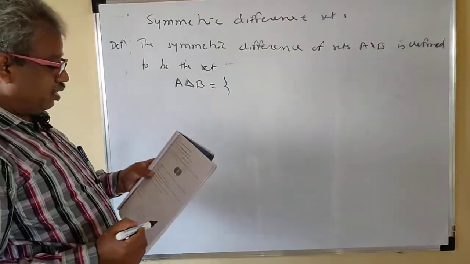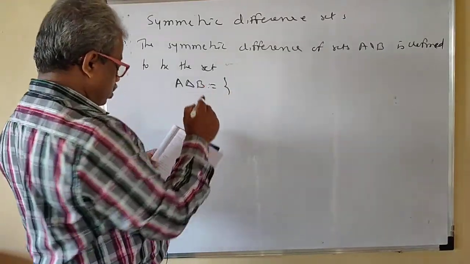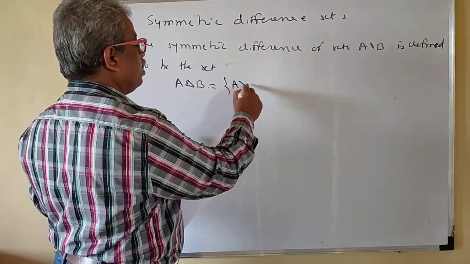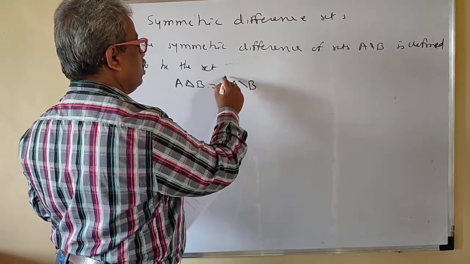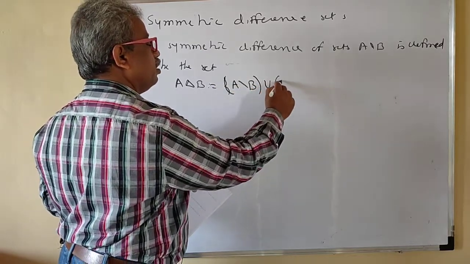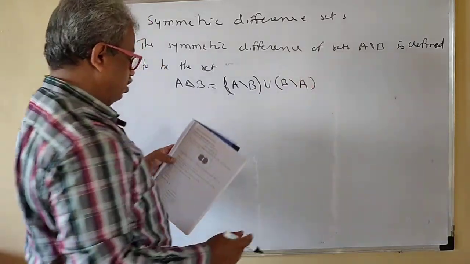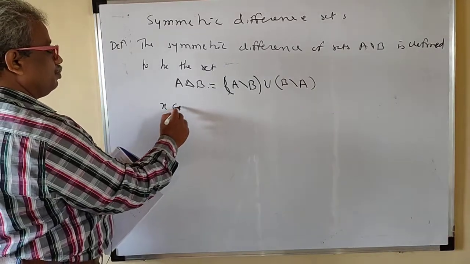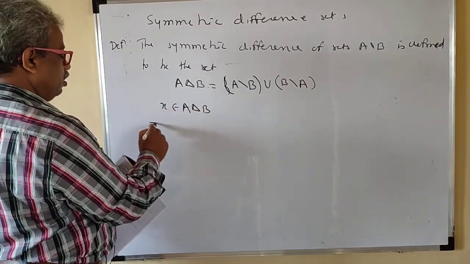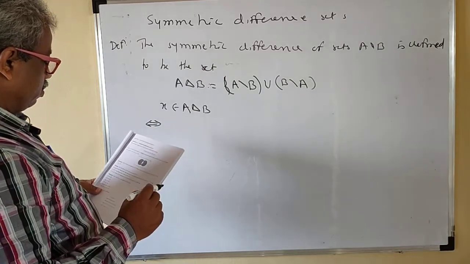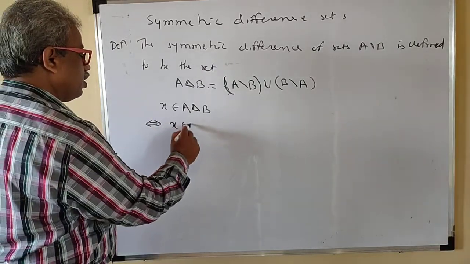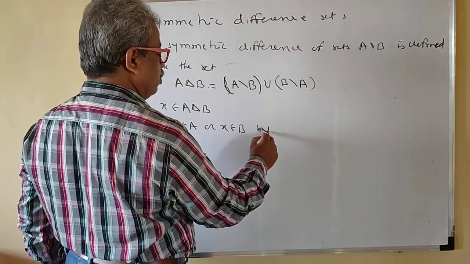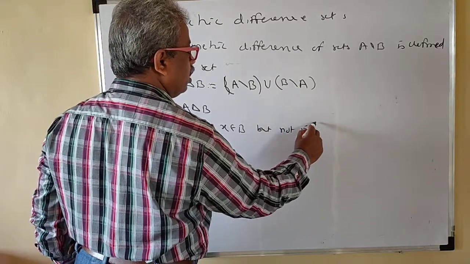It is (A minus B) union (B minus A), right? So x belongs to A triangle B if and only if x belongs to A or x belongs to B, but not in both.